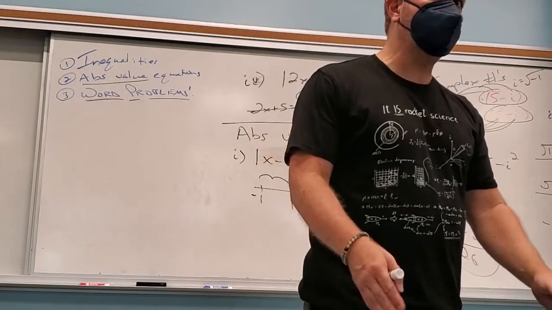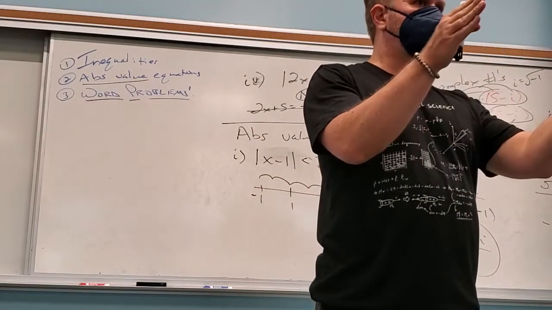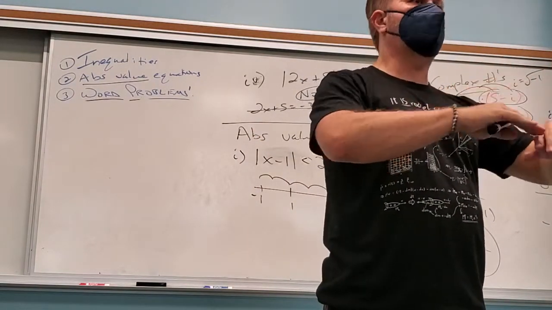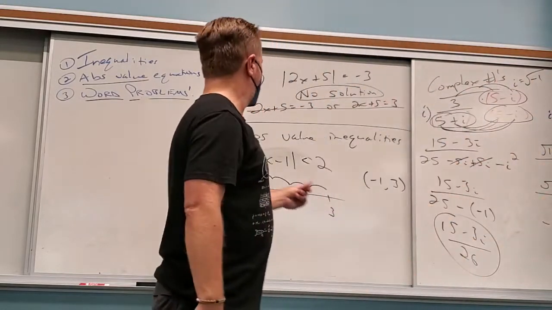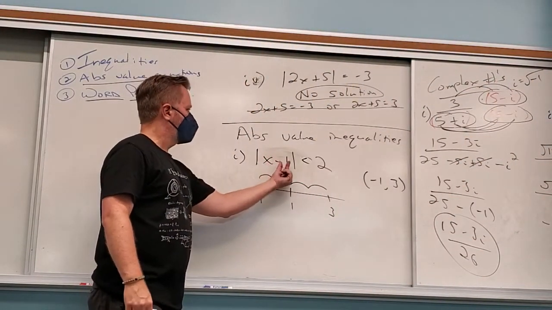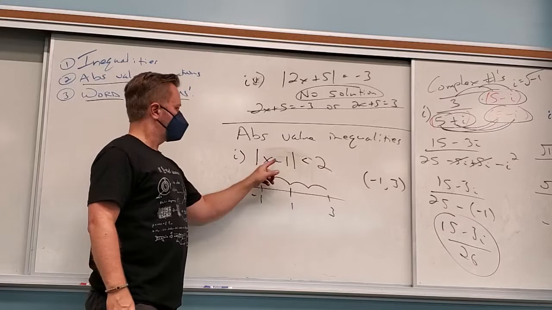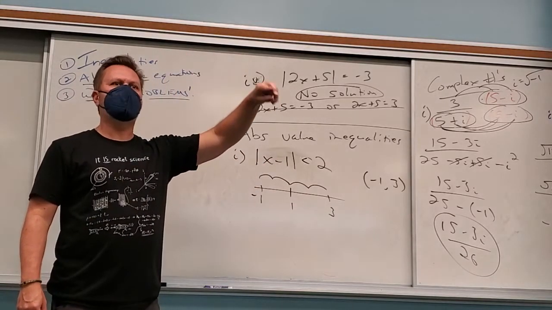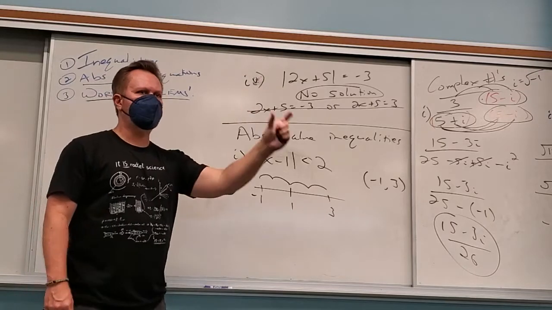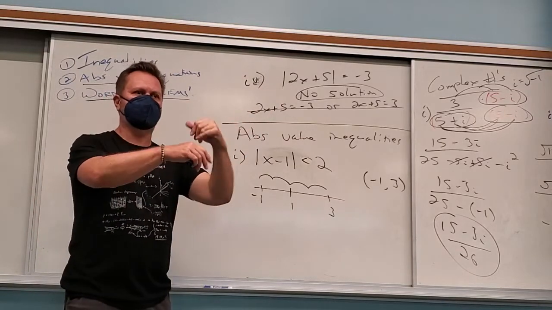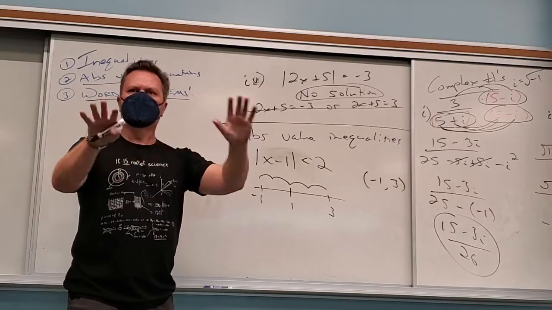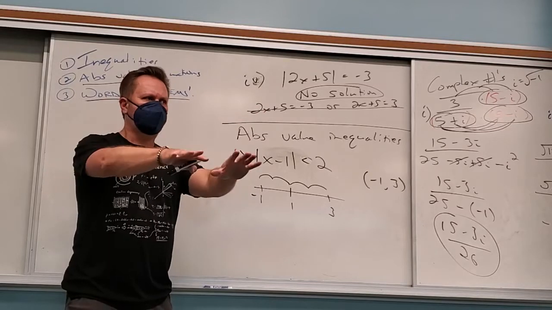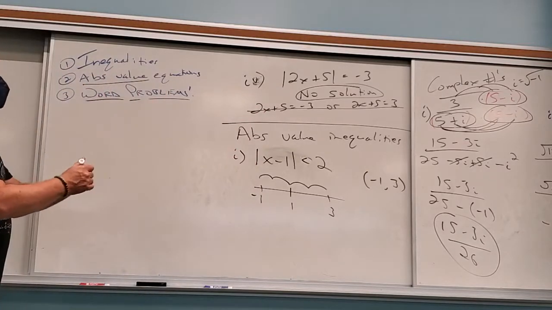So subtraction tells you how far apart things are. Absolute value makes it positive, so then that's real distance, right? So this does mean the distance between 1 and a number. If it was plus 1, that would be x minus negative 1. That would be the distance between negative 1 and a number. So I'm glad you asked that. I was thinking about saying that earlier, but I didn't want to make things too weird, but that's true. That's good. Okay.